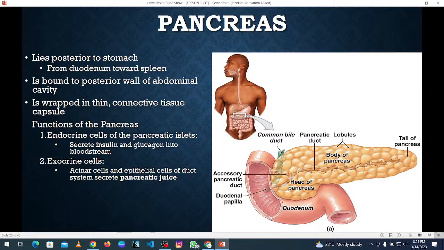So endocrine simply means the cells that secrete hormones directly into the bloodstream. Exocrine cells are cells that secrete juices or hormones to the epithelium layer of our organs. And we explained what an epithelium is.